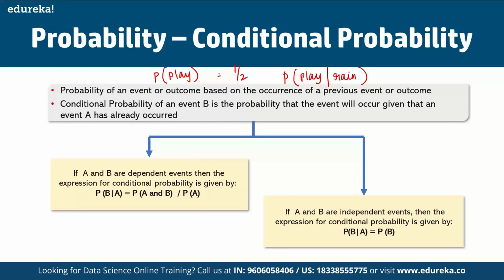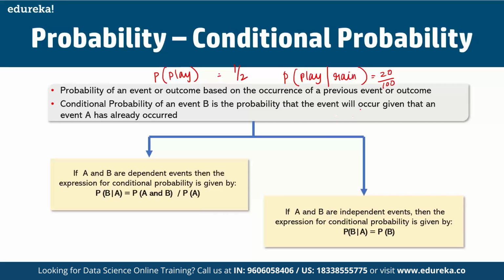So this is P of play given rain. Given rain means it is currently raining. What is the probability that you're going to play outside? Now we probably will not say 50% chance. We may say a 20% chance that we can actually play. This 20 is just a random number. I'm trying to take a smaller value.